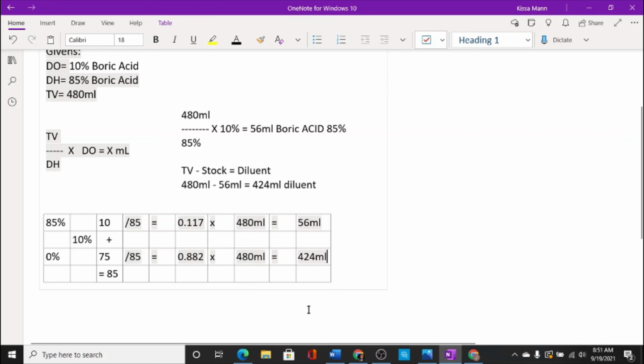So following the table, our diluent with 0% will yield, we need 424 milliliters of our diluent with no concentration at 0%. Our stock solution of boric acid, we will need 56 milliliters following across the table.